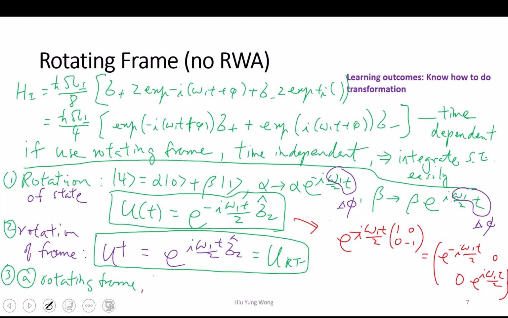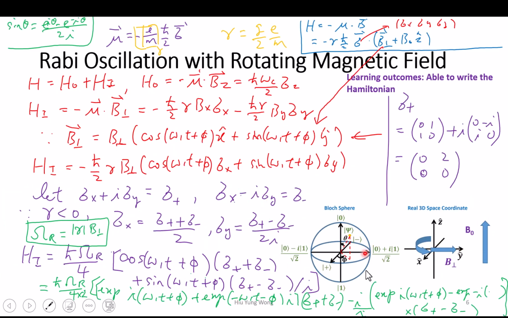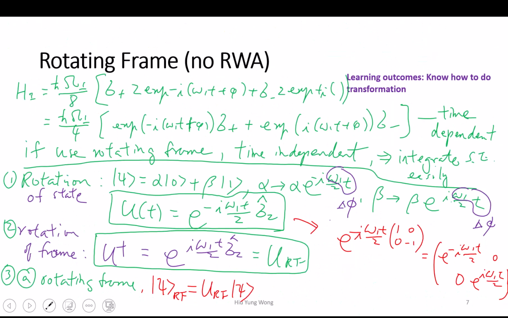The new state is equal to U_RF times your original state. So now you describe the state in the lab frame. For example, you say this state is at this position. Then what are the coordinates of this in the rotating frame? You should see this keep going in the opposite direction. And this is this equation, right?